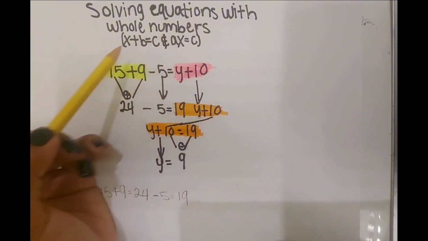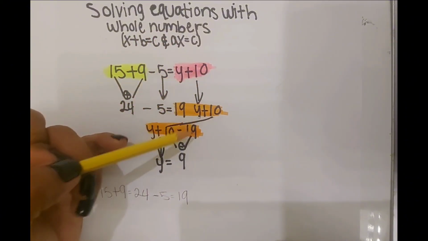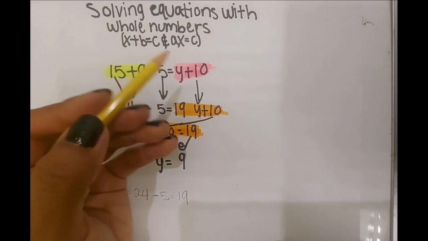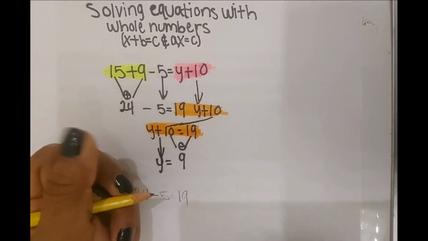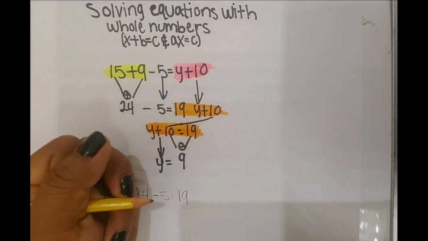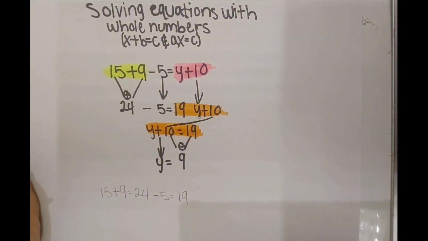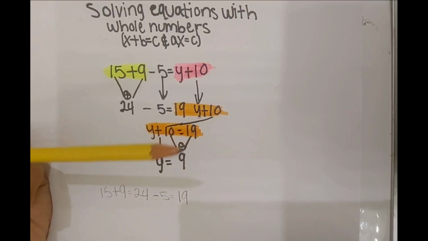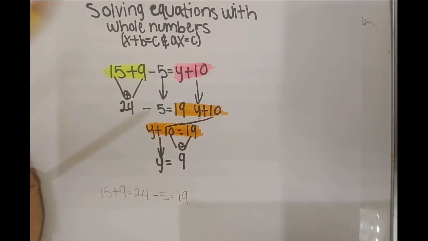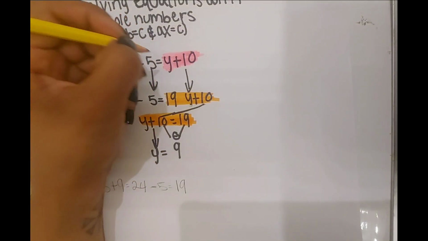Just looking at it, all of these steps seem completely useless, because all you really have to do is subtract 10. But because it's algebra, we're solving for y, and y is a missing number.